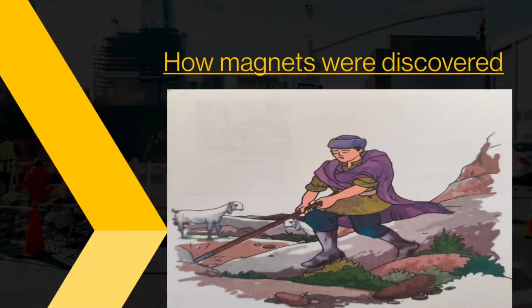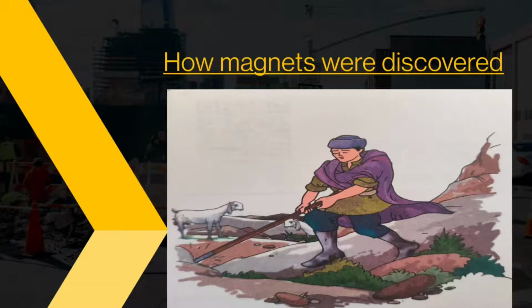Such rocks were given the name magnetite. Maybe the shepherd's name was Magnus, that's why. Now, magnetite contains iron. So we can say the substance having the property of attracting iron is known as a magnet.